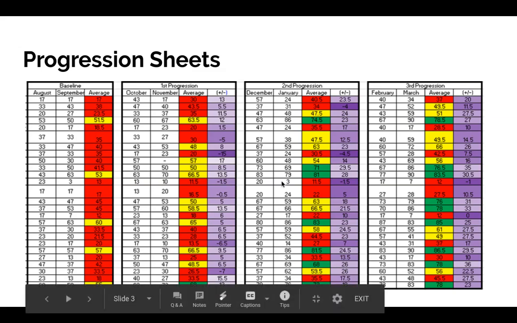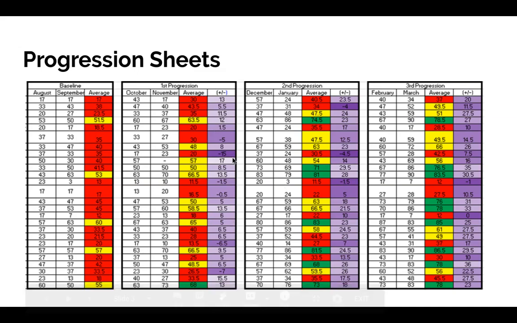So that's what these purple and lighter shades are. It's going to show you who's growing and by how much. The darker the purple color is either going to show a negative or a smaller amount of growth, and the lighter shade of purple shows the greatest amount of growth.